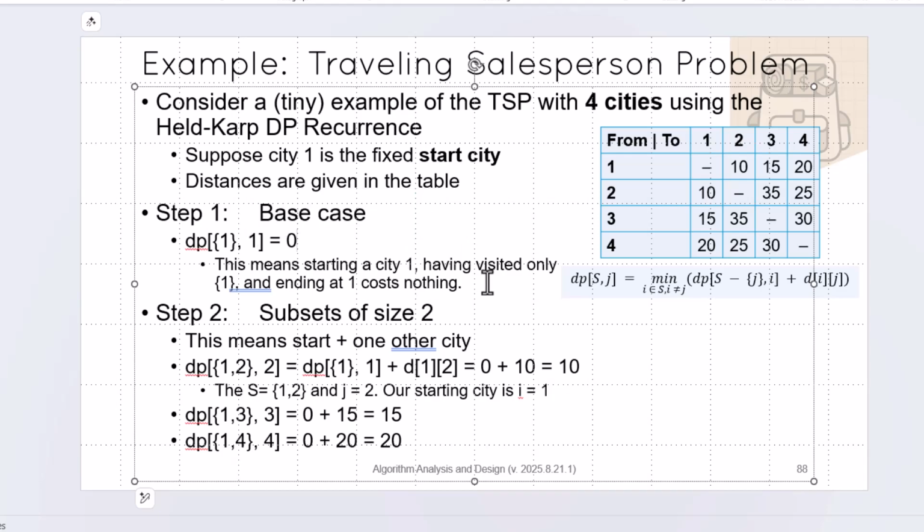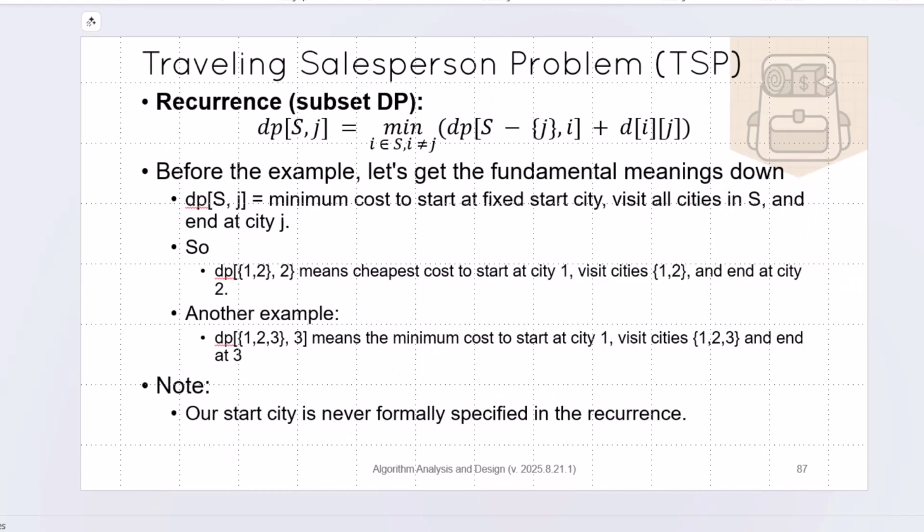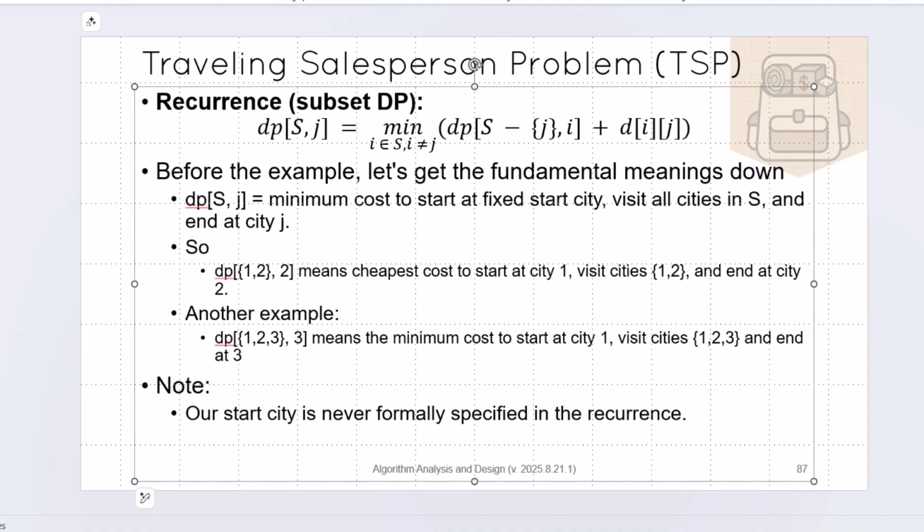Now, subsets of size 2: we have the start plus one other city. So {1, 2} with 2. As we discussed before, we end at the city that is the second parameter. Oh, that should be a square bracket now that I look at it.